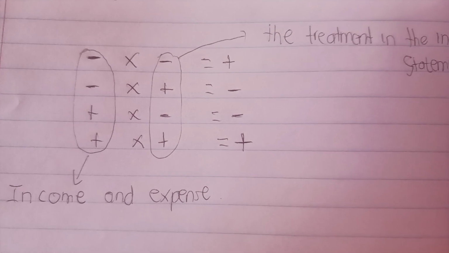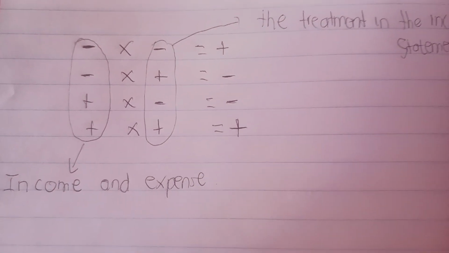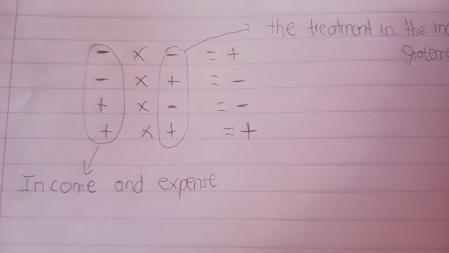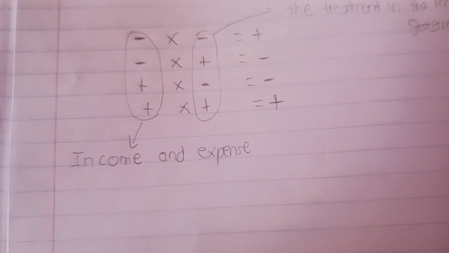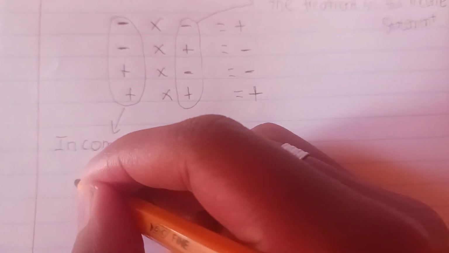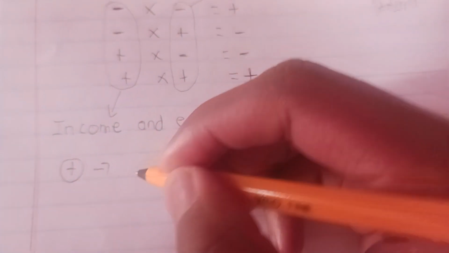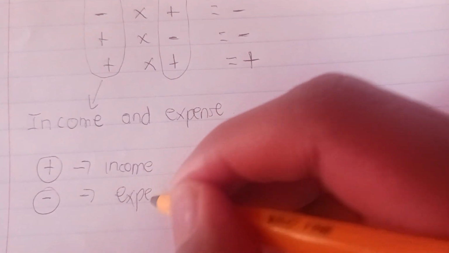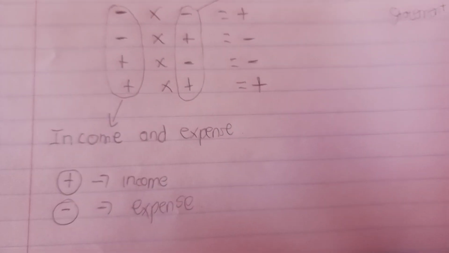So remember, you're doing the correction of a net profit, so you're not doing an actual income statement. So here, your pluses are going to obviously indicate your income, and your expenses will be indicated by your minuses. Right. So this is what you need to know.